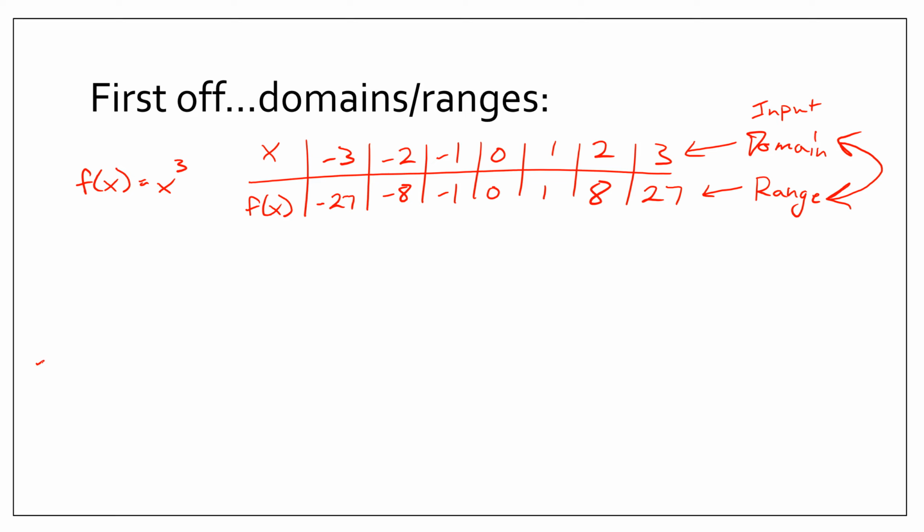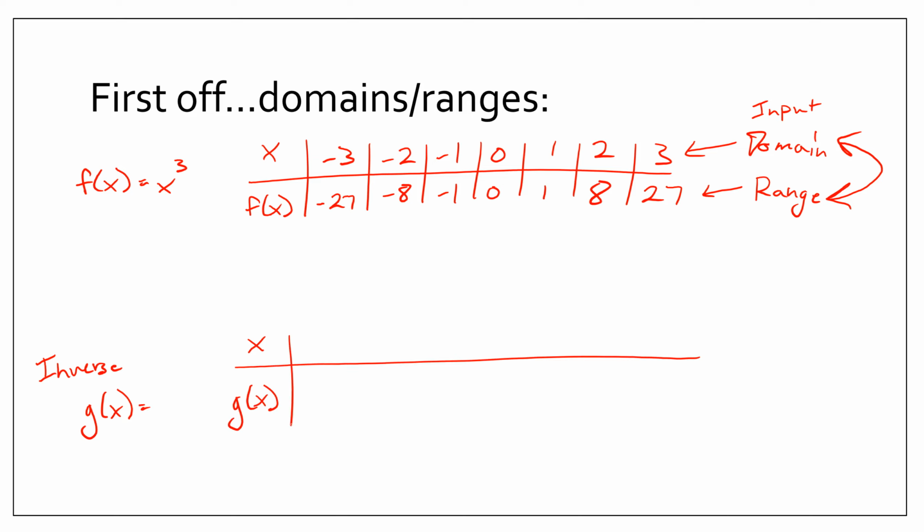For our inverse function, I'm going to call my inverse function g of x. Okay, so my inverse function is the opposite. If I put a number in the range of the original function, I'll get a number out in the domain of my original function. So here's what I mean by that.